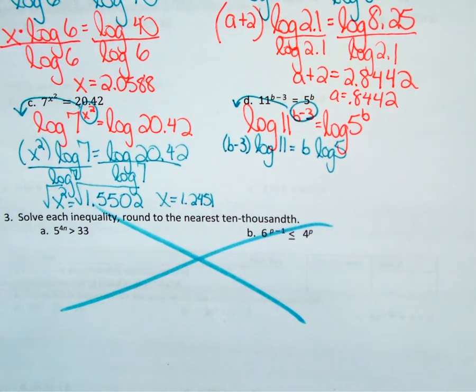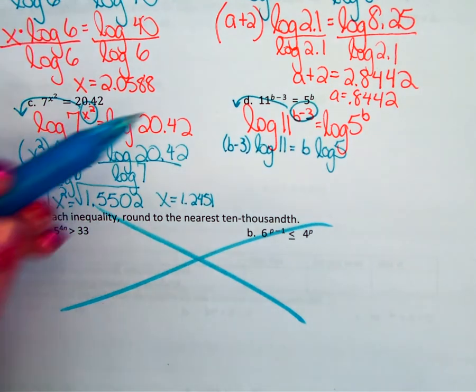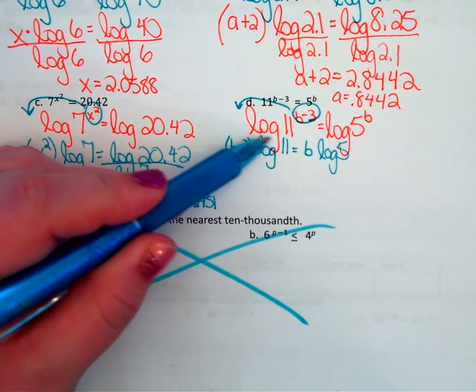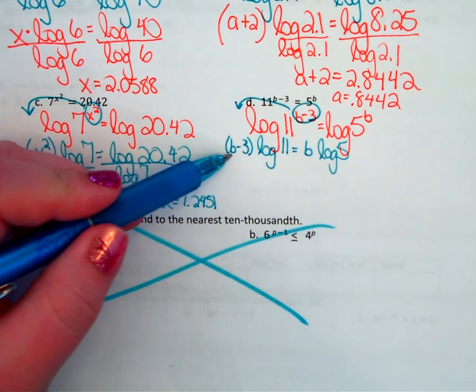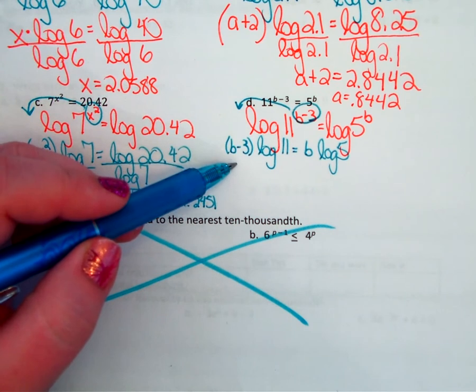If you divide by log of 5, then you'll have a little work to get the b by itself on the other side. If you divide by log of 11, you'll still have to do a little bit of work. My personal suggestion is to always divide by the log that's with any parentheses.